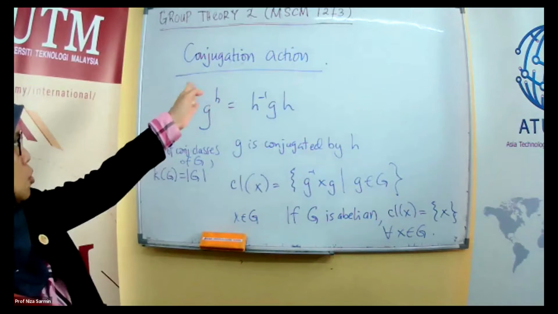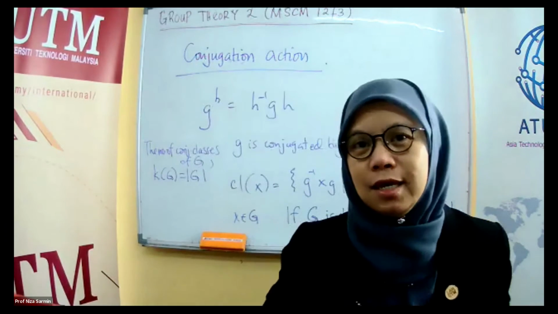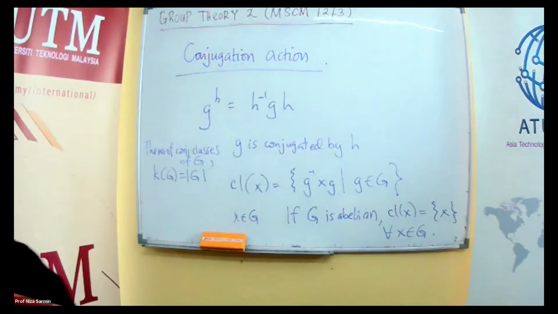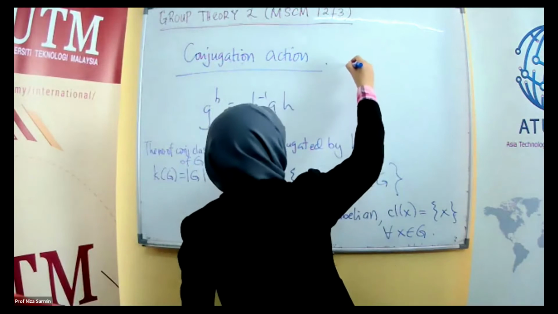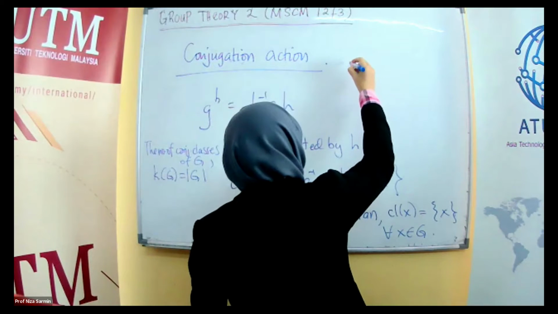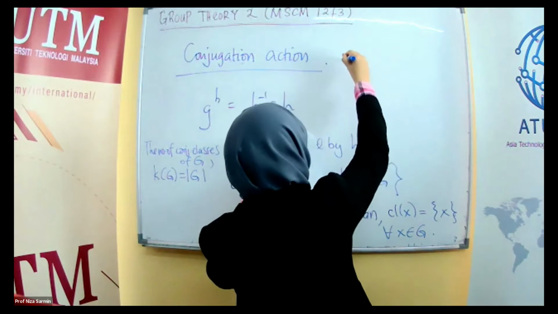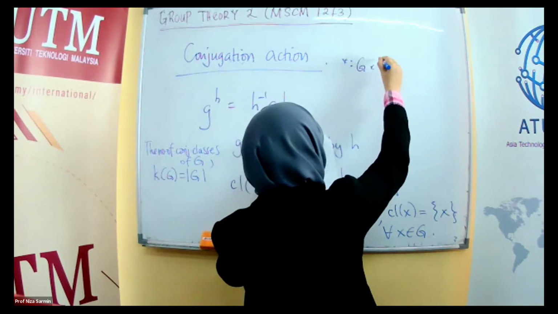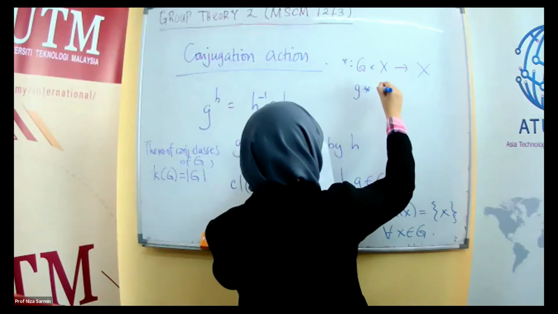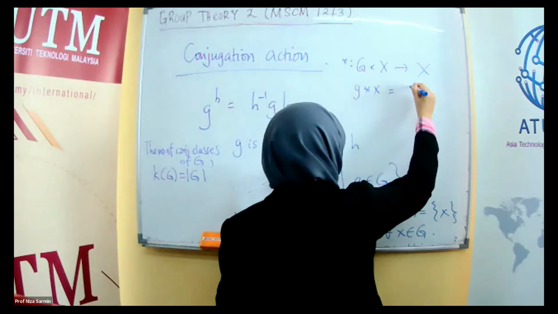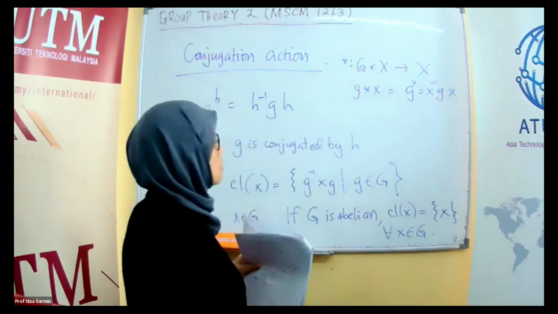Okay, this can be also an action because you conjugate E. So if you put, just now, okay, g star x is x inverse g x.